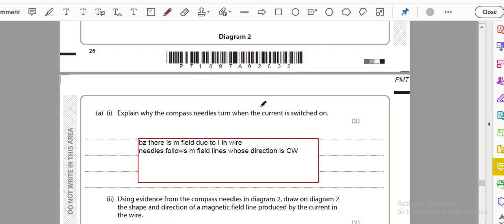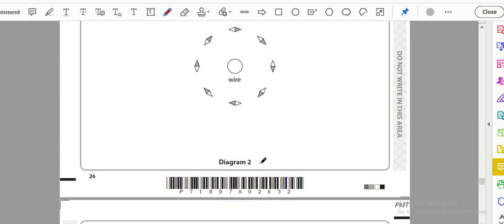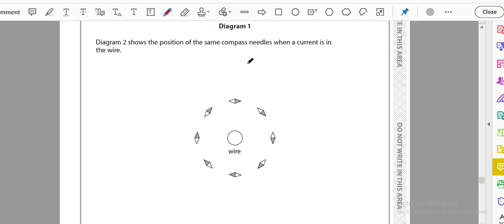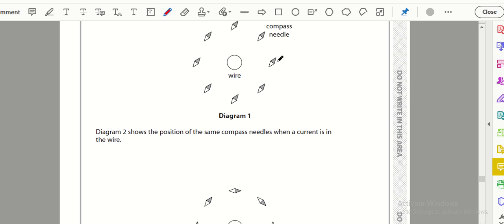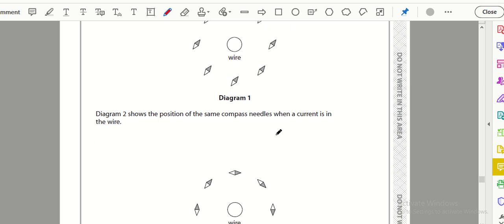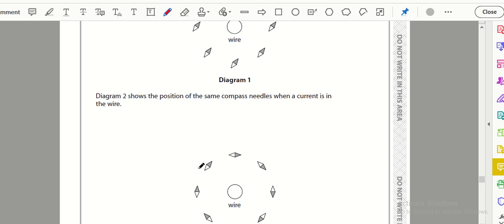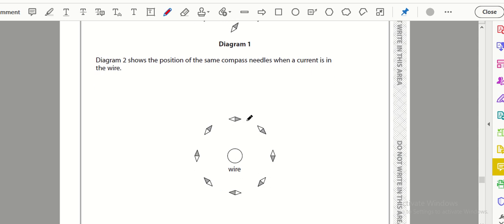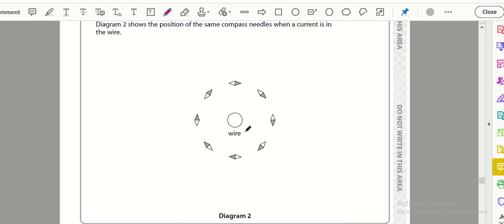Explain why the compass needles turn when the current is switched on. Because there is a magnetic field due to the current in the wire, and the needle follows the magnetic field lines whose direction is clockwise. As we see here, the north of the needle points in this direction, the clockwise direction, so the field line is in the clockwise direction.